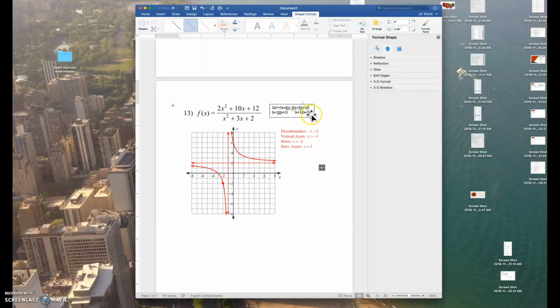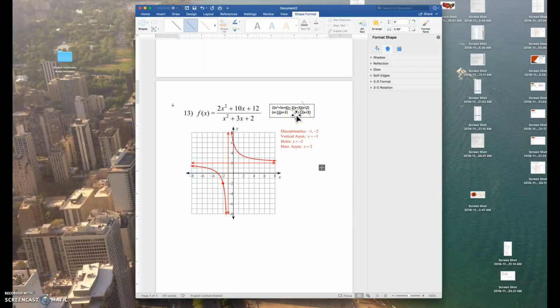Please remember it's all or nothing with rational functions. You cannot just cancel out like the x's here because x plus 3 is one quantity. So it's the whole x plus 3 or none of it. If there's addition and subtraction, it is all or nothing. Okay? So we are just left with 2 times x plus 3 over x plus 1.